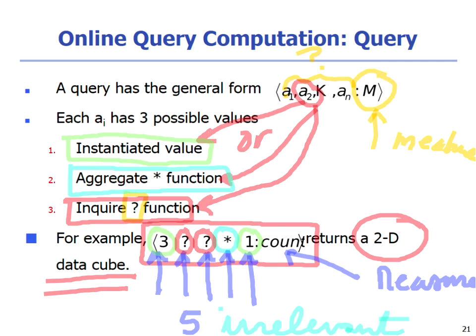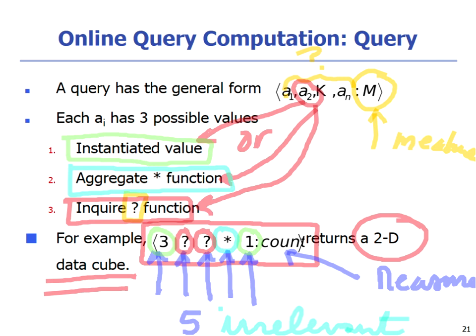We fixed it at 3. The last dimension at 1. The fourth dimension is irrelevant. Yes, of course. The measure will be the count here in our case. For this reason, the last argument is the measure.